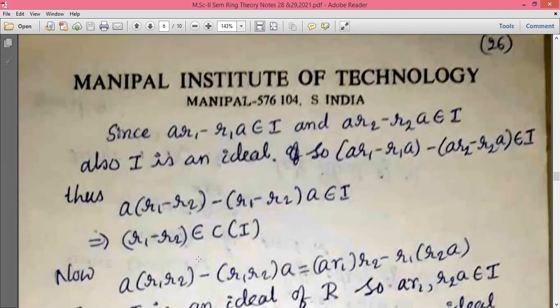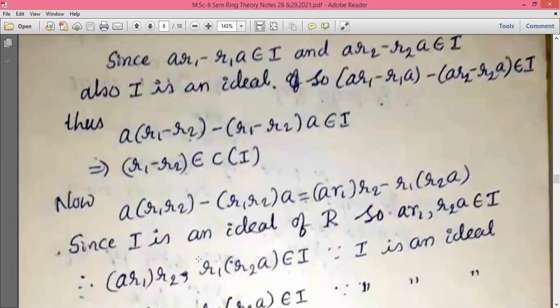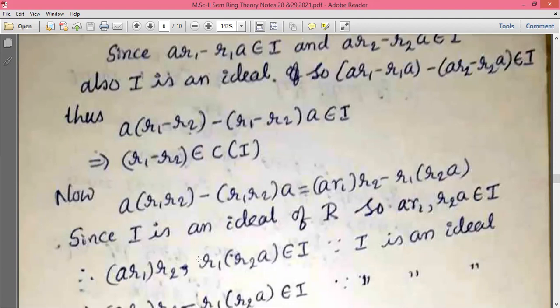And now again, with the product, we need to show that A R1 R2 minus R1 R2 A, that the commutative property is also satisfied under multiplication.